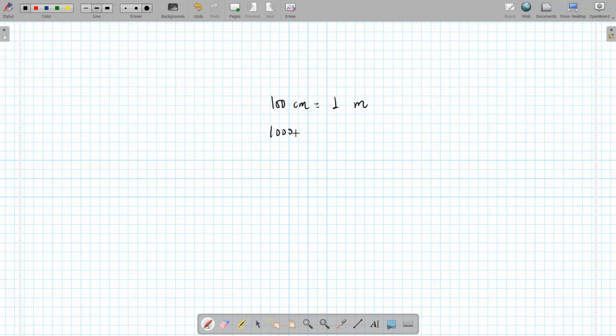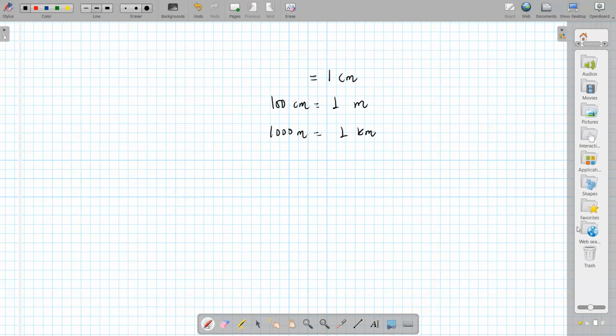And 1,000 meters make 1 kilometer. There's one more. How many millimeters in a centimeter? Maybe this will help.